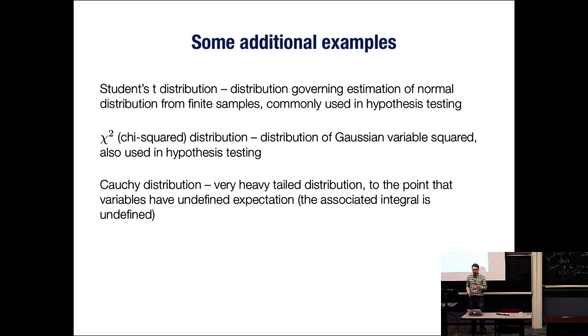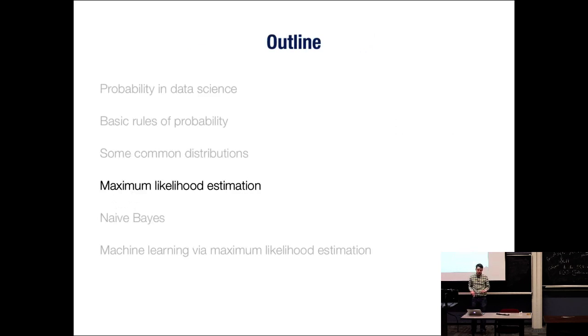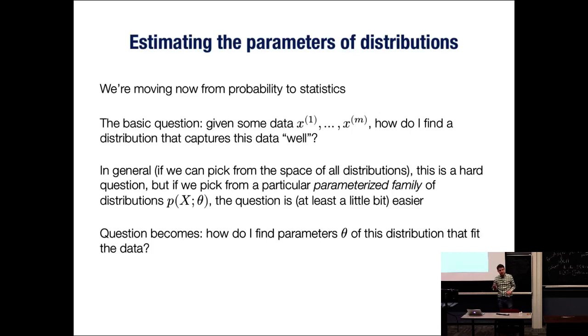I do want to move on because I want to cover both this and the next section. I want to now move from probability to statistics. So as I said at the beginning, probability really is about mathematically describing distributions, whereas statistics is about taking data and finding distributions that fit well to that data. Right?